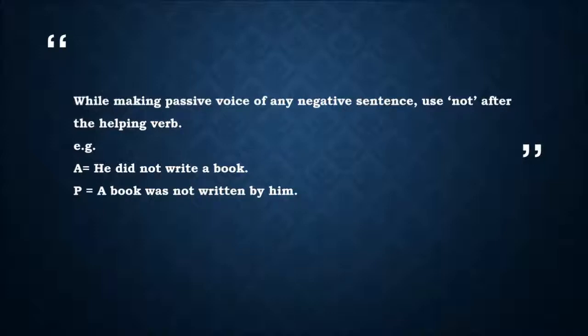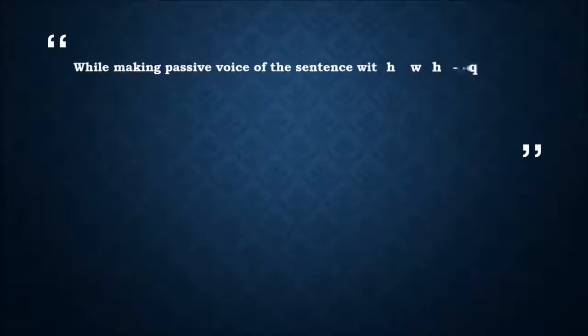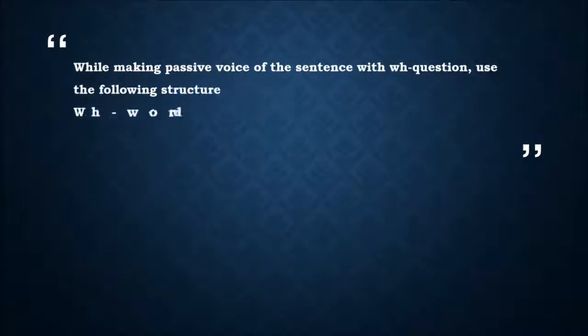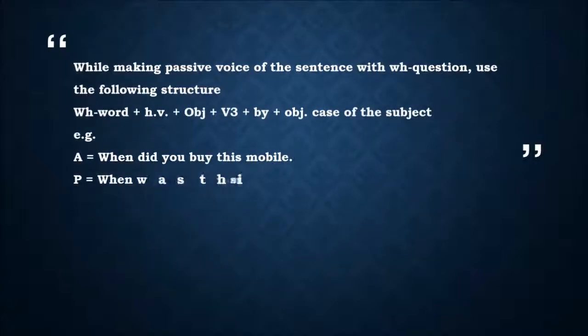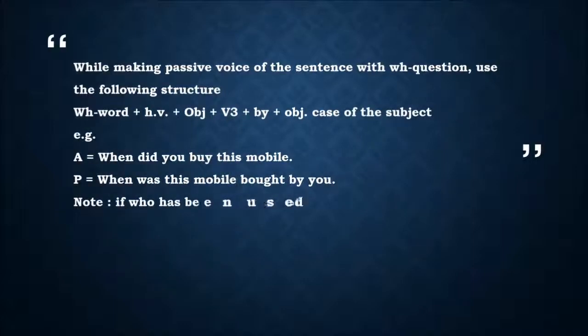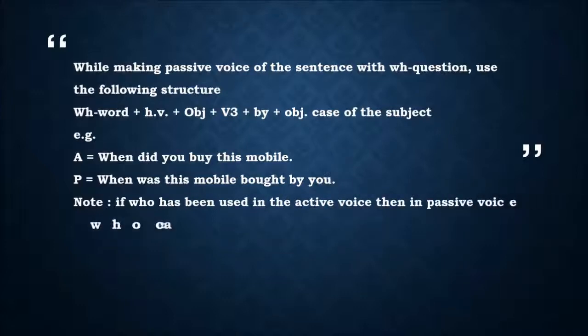T. While making passive voice of a sentence with a WH question, use the following structure: WH word plus HV plus object plus V3 plus by plus objective case of the subject. E.g., active: when did you buy this mobile? Passive: when was this mobile bought by you? Note: if who has been used in the active voice, then in passive voice who can be replaced by whom.